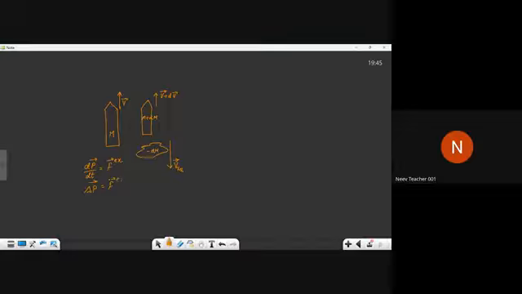Force external into delta t. Change in momentum. Change is always final minus initial.